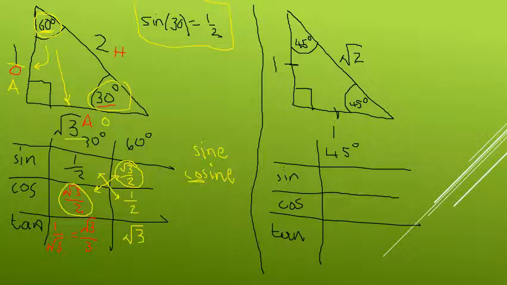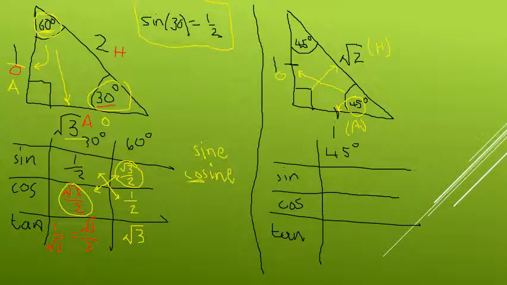It doesn't matter which 45 I picked here, because they're both going to give the same result. So I'm going to use this one here. This going across here would be the opposite. Down next to it would be the adjacent. And this is the hypotenuse because it's opposite the right angle.